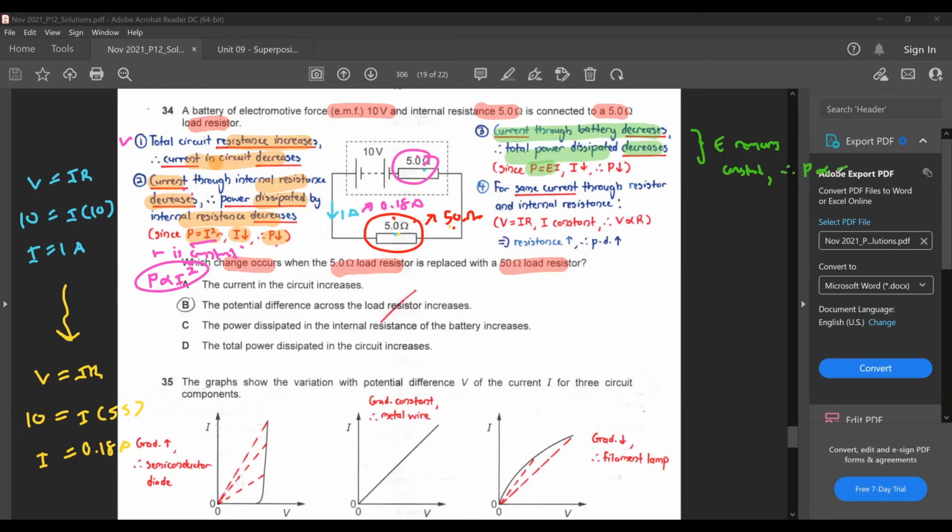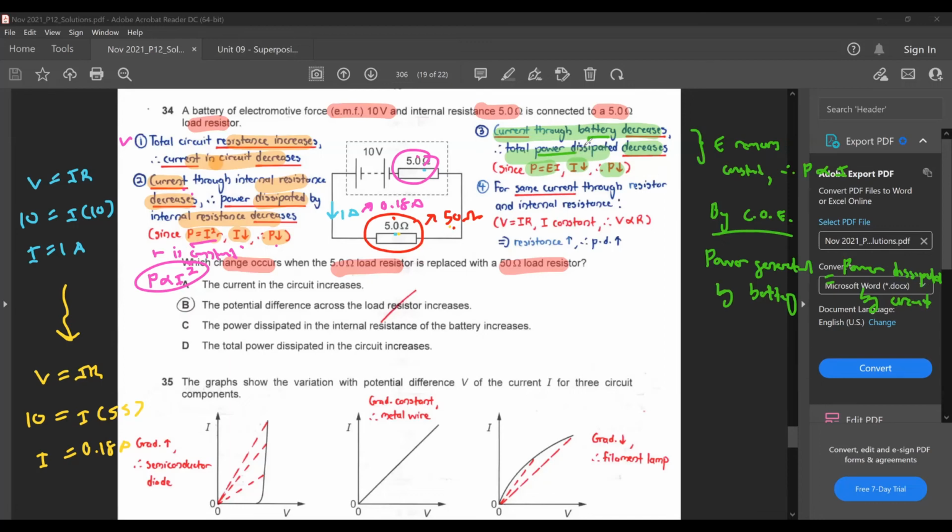Therefore, P is proportional to I. If I drops, power drops. Now, I talk about the battery, but why is there talk about power dissipated? It's because by conservation of energy, power generated by the battery is equal to power dissipated by the circuit.